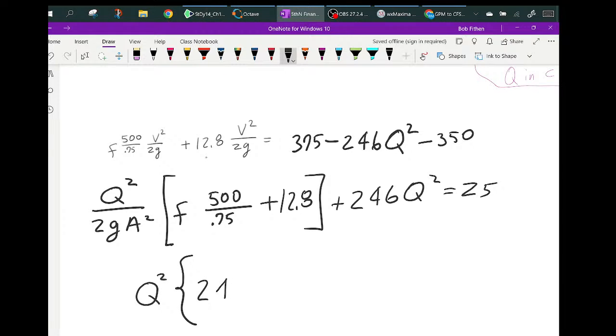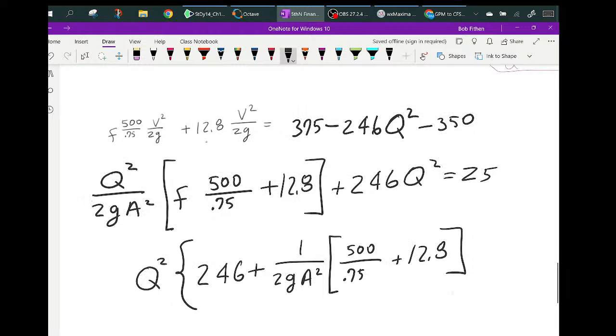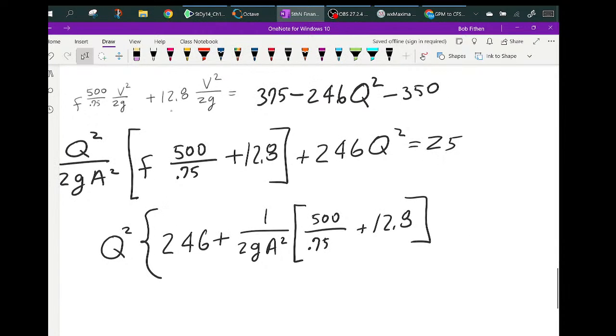It would be 246 plus 1 over 2g area squared, which we'll put in a minute, 500.75 plus 12.8, and that's still equal to 25.